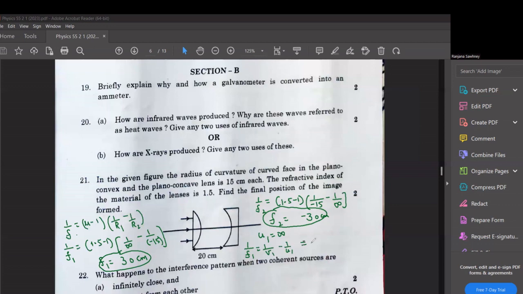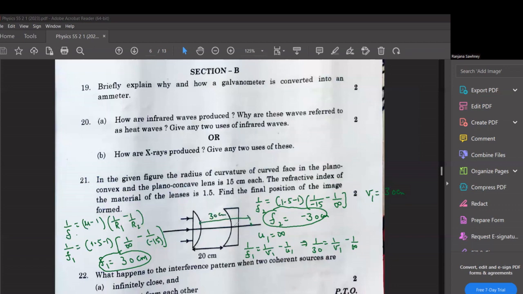Substituting, 1 upon 30 is equal to 1 upon v1 minus 1 upon infinity. So here we get v1 is equal to 30 centimeter. That is, the image formed by the convex lens is at 30 centimeter from the convex lens.